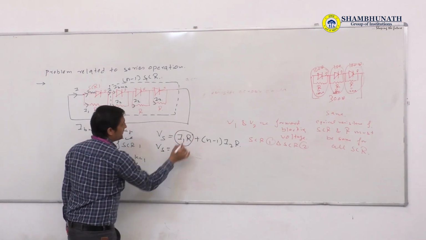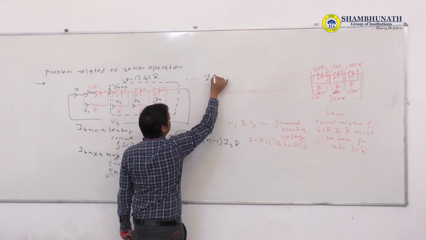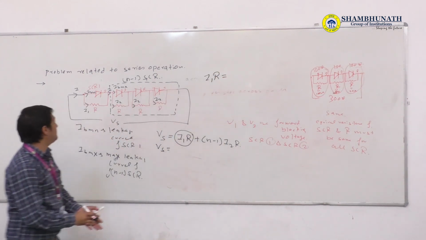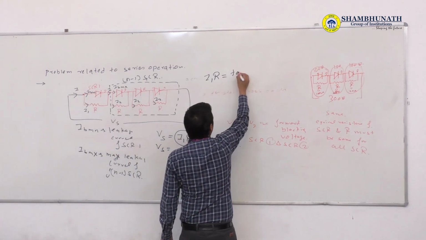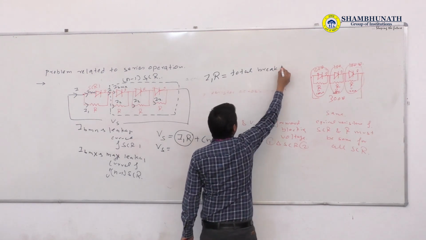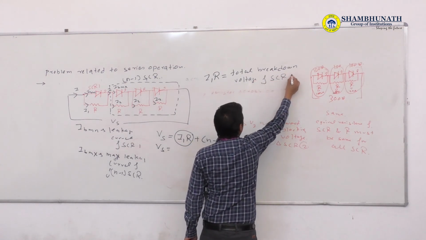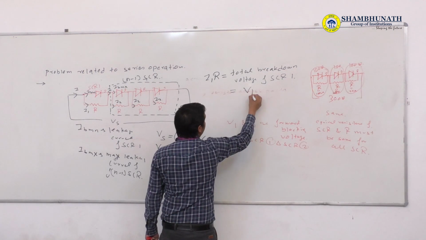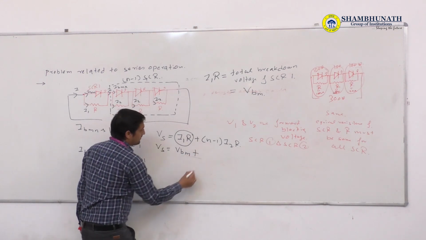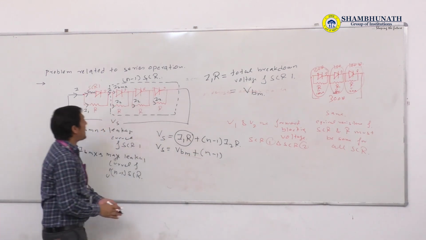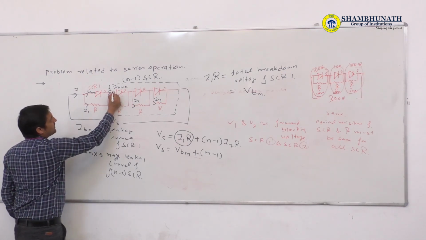Now I1R can be written as the total breakdown voltage of SCR1, which is VBN. So I1R can be written as VBN plus N-1 into I2R. Now I2 can be written by applying a nodal equation here.